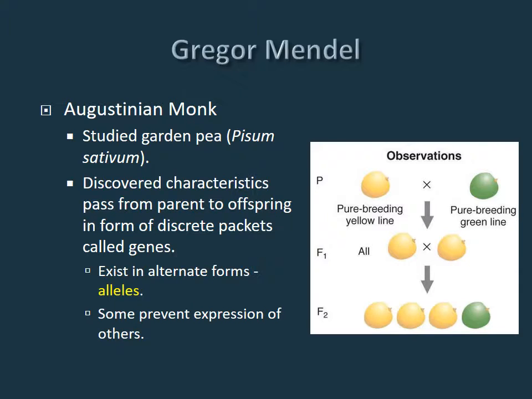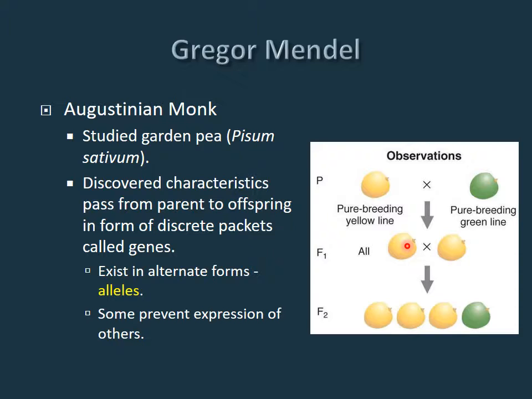And what he did was he would breed, for example, a yellow pea, where when you bred it, all he would get out of it was yellow peas. And then he would breed green peas, he'd bred and bred and bred, and all he was getting was green. And he found that when he mixed a green pea plant with a yellow pea plant, all of that first generation would come out with yellow peas.